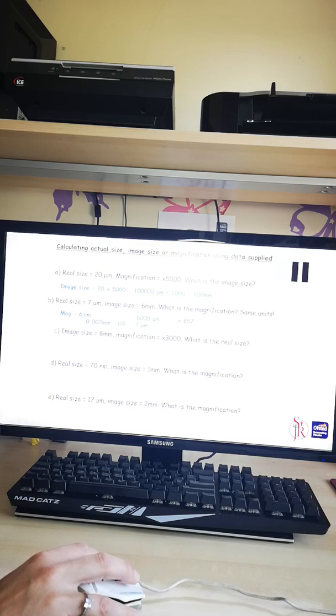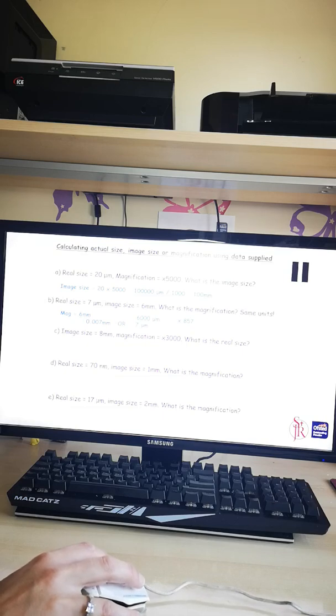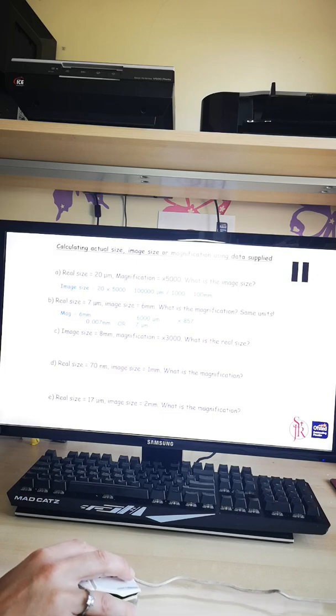I tend to go for this one where I get my image size and times it by 1,000. That's the one I put on top and then divide it by my real size, and that gives me the answer times 857. It doesn't matter if you did it the other way around and converted the bottom to millimeters by dividing by 1,000, as long as they're in the same units when you do the division.